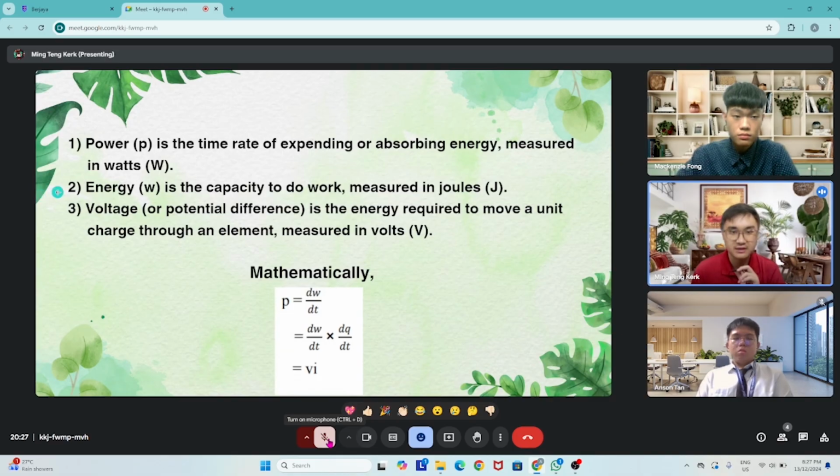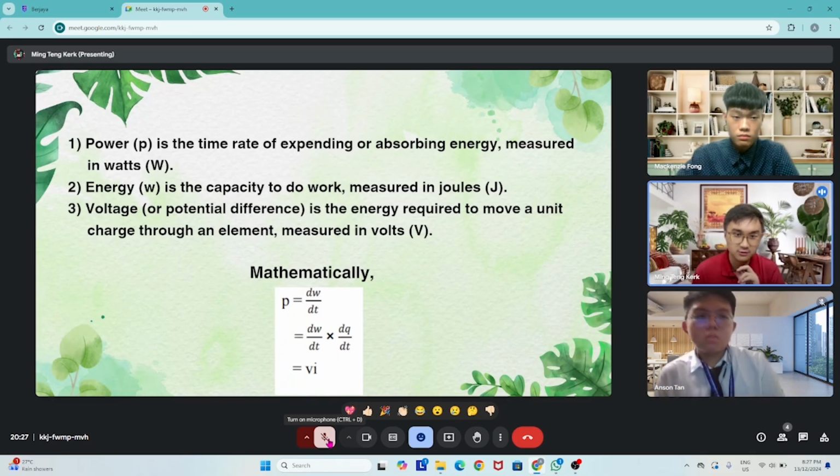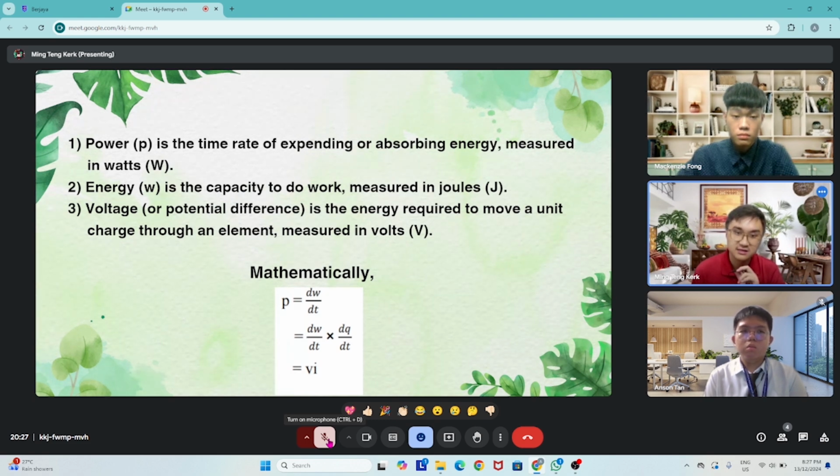First, power P is the time rate of expending or absorbing energy, measured in watt, big W. Second, energy, small w, is the capacity to do work, measured in joule, J. Third, voltage or potential difference is the energy required to move a unit charge through an element, measured in volt, V. Mathematically, P equals dW over dt, which equals dW over dq times dq over dt.